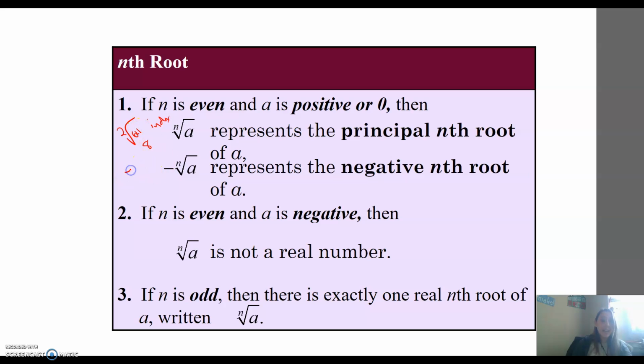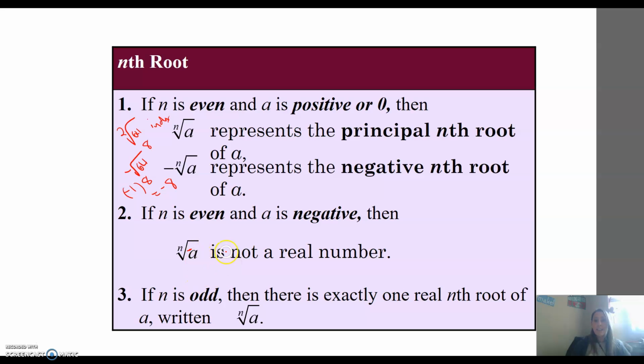Now, if we have a negative, the negative square root of 64, this says negative 1 times the square root of 64, which is 8, which would be equal to negative 8.